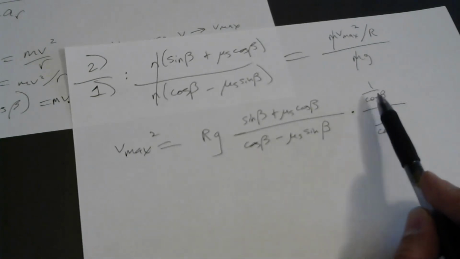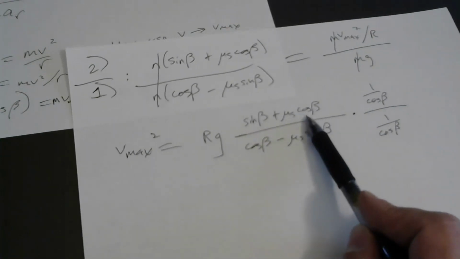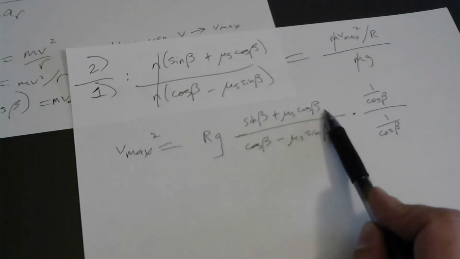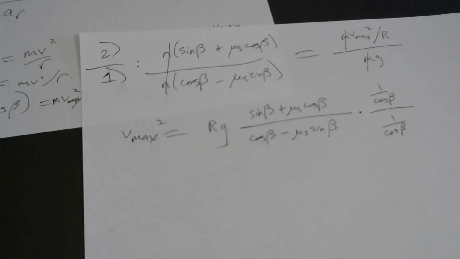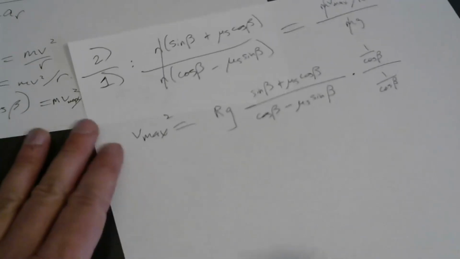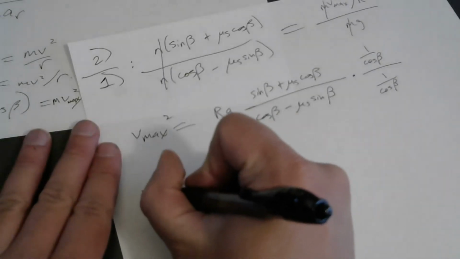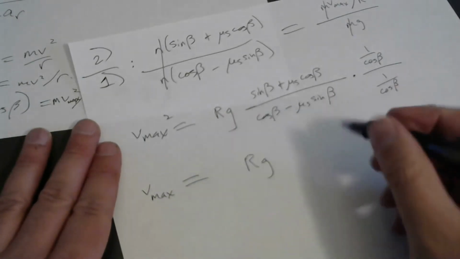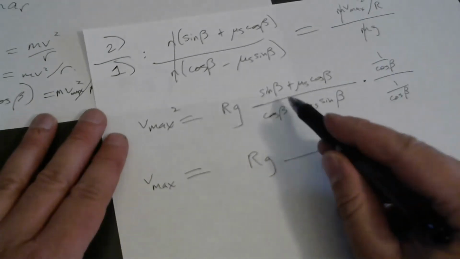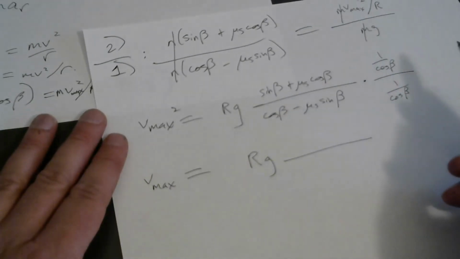Well, when I distribute that 1 over cos beta, you see that it will cancel this cos beta, and it will turn my sine into sine over cosine, which we can write as the tangent. So that cleans this up a little bit. And I'm going to anticipate taking the square root. So I'd have an RG, and then on top, sine over cosine, that's tangent.